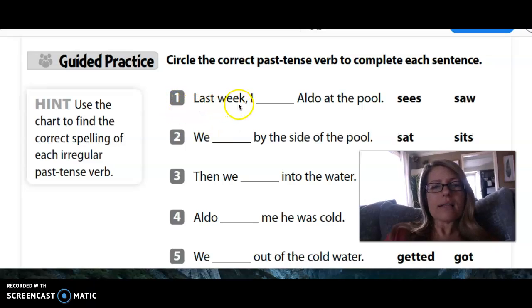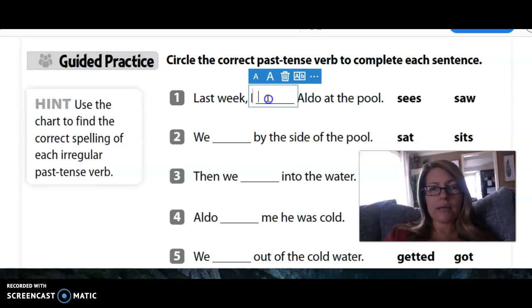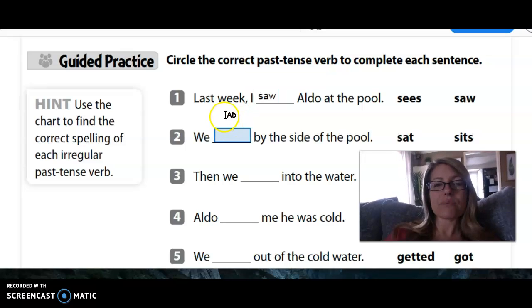Number 1, last week I blank Aldo at the pool. Last week I sees Aldo at the pool, or last week I saw Aldo at the pool. The correct way to write that verb in past tense would be saw. Last week I saw Aldo at the pool.